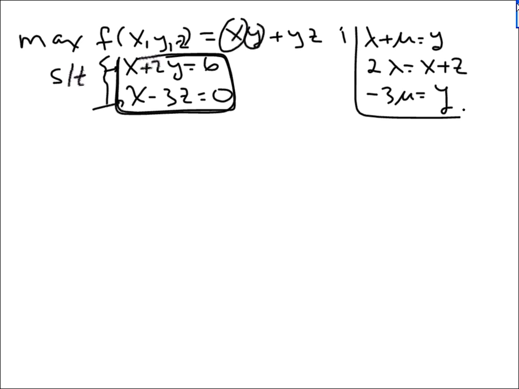So let's number these. 1, 2, and 3. The third one tells me that mu is negative y over 3.